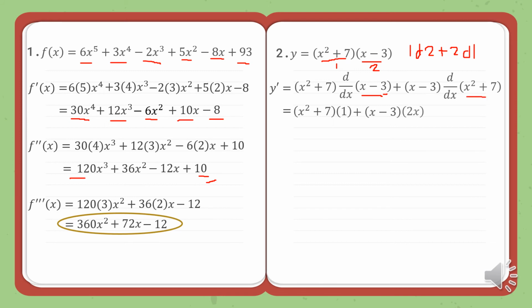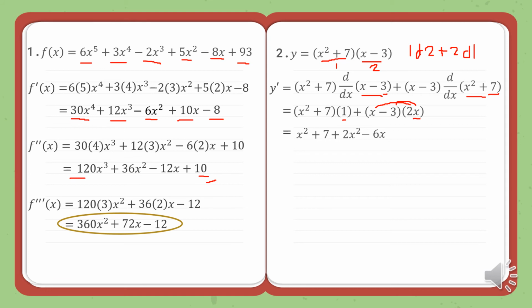Ang derivative ni x squared is 2x, at ang derivative ni 7 is 0. So, no need to rewrite. Simplify natin using distributive property. Distribute natin si 1, so it will be x squared plus 7 pa rin. Then distribute natin si 2x, so it will be 2x times x is 2x squared, 2x times negative 3 is negative 6x.